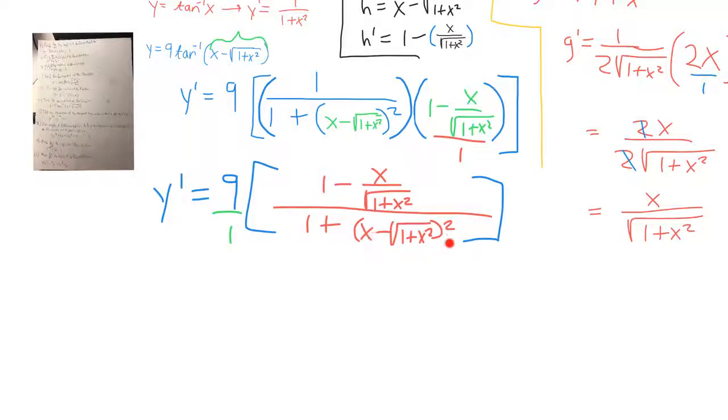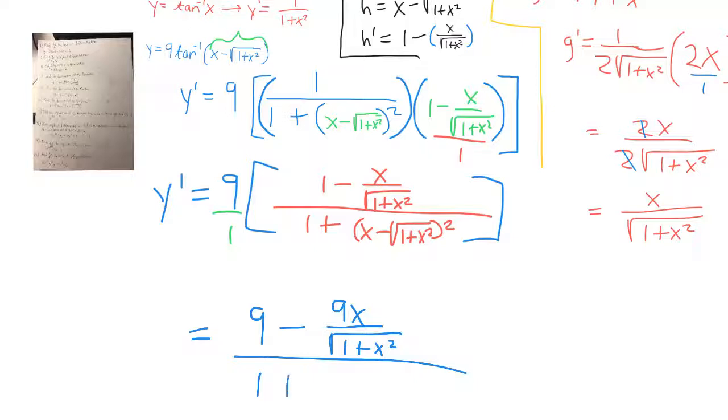So 1 times the denominator and 9 times the numerator. So we would end up with 9 minus 9x for the same reasons over 1 plus x squared all over 1 plus x minus 1 plus x squared. I hope that that's the answer.